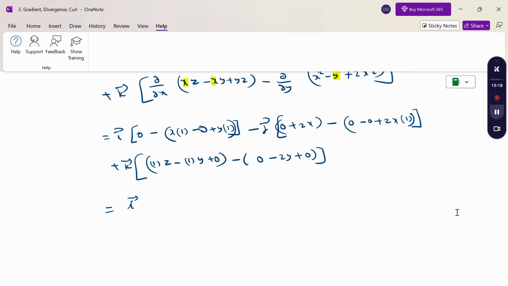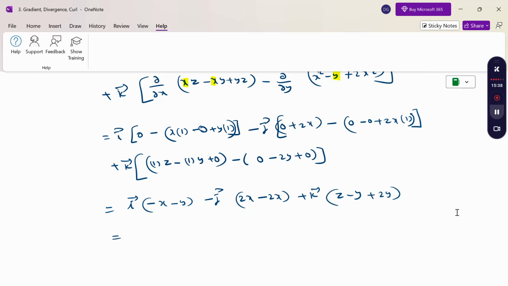So what is the value of this? Minus x minus y. Therefore this term, minus j vector (2x − 2x), then plus k vector (z − y + 2y).